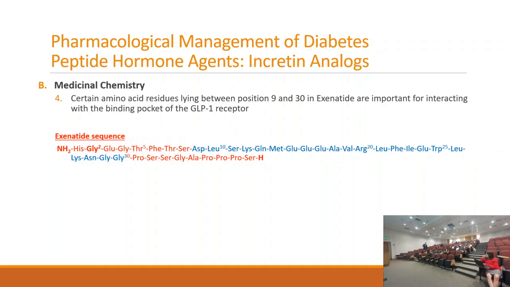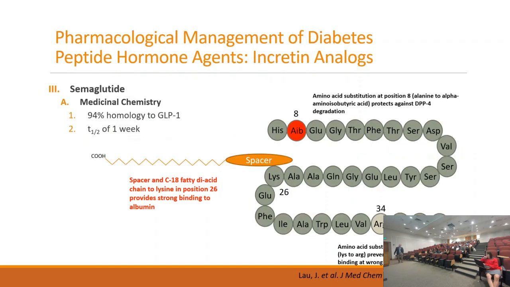The glycine is important for eliminating the interaction with DPP-4 enzymes and breakdown. And then we've got a series of about 21 amino acids, many of which are really important in forming chemical bonds with the incretin hormone receptor, the GLP-1 receptor. So we do know a lot about the chemical structure of these drugs.